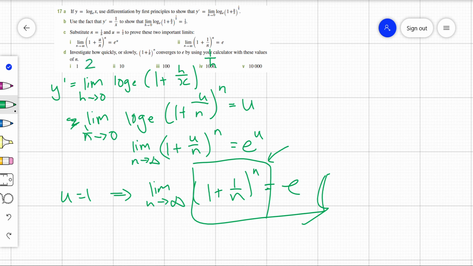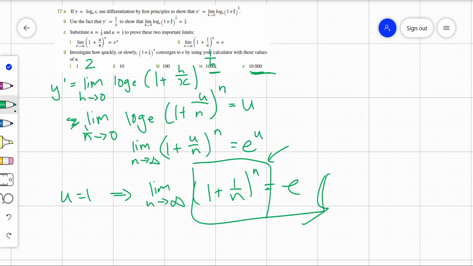When we use 10, we've got 1 plus 1 on 10 to the power of 10, which I think is 2.5937-ish. When I put n equals 100 in, I get 2.7048, so I'm getting closer. When I put 1,000 in, I get 2.7169. And when I put 10,000, 2.7181.